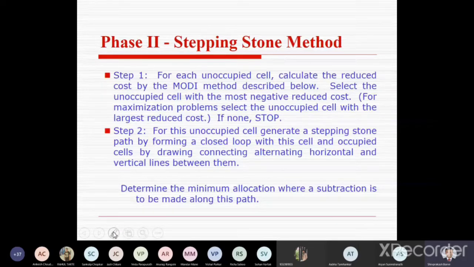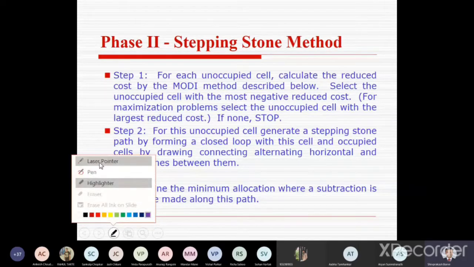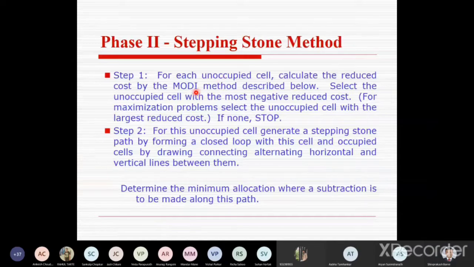In the stepping stone method, the first step is that for each unoccupied cell, calculate the reduced cost by the MODI method or by the stepping stone method. Select the unoccupied cell with the most negative reduced cost. So we have to find the net cost for the unoccupied cells.